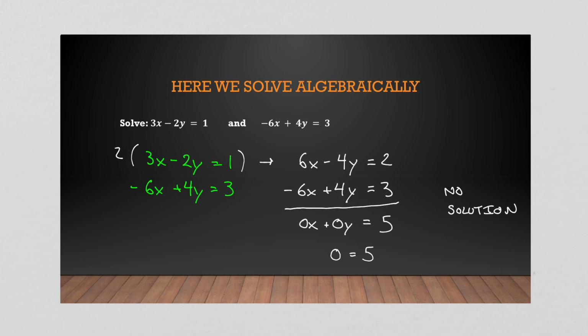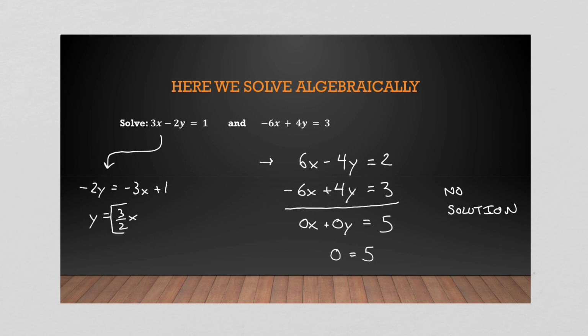And remember what no solution meant when we graphed? No solution graphically meant they were parallel. So just to show you that, let's convert these into slope-intercept form. We'll subtract 3x from both sides and divide everything by negative 2. You end up with 3 over 2 x. I'm going to stop there because all I care about is that.